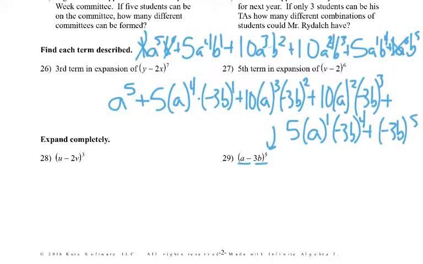And then all we want to do is simplify things. So a to the 5th is going to remain a to the 5th, right? We don't need to do more with that one.